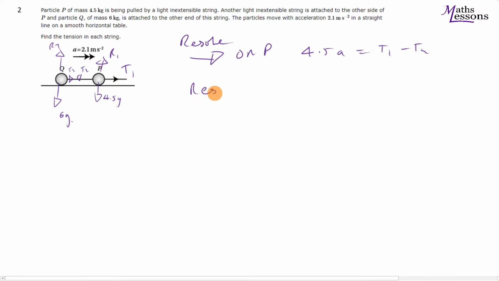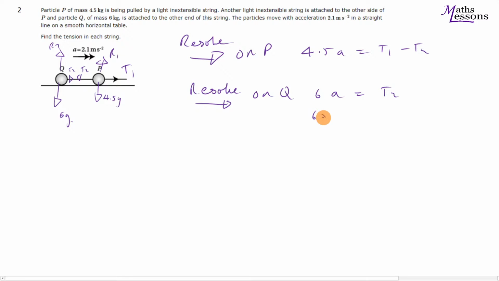That's the natural thing to do, but if you resolved on Q first, we don't get anything from that for T1 and T2 because we know a, we don't know T1 and T2. We'll get that 6a just equals T2. If you look at Q, the only force acting on it horizontally is T2, so the resultant force is equal to T2.